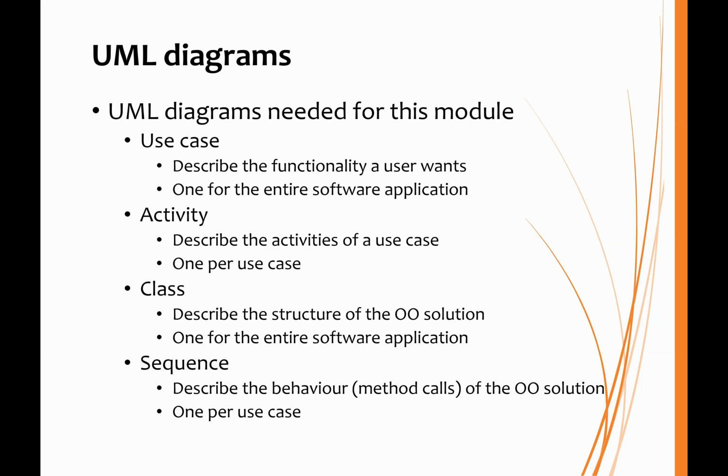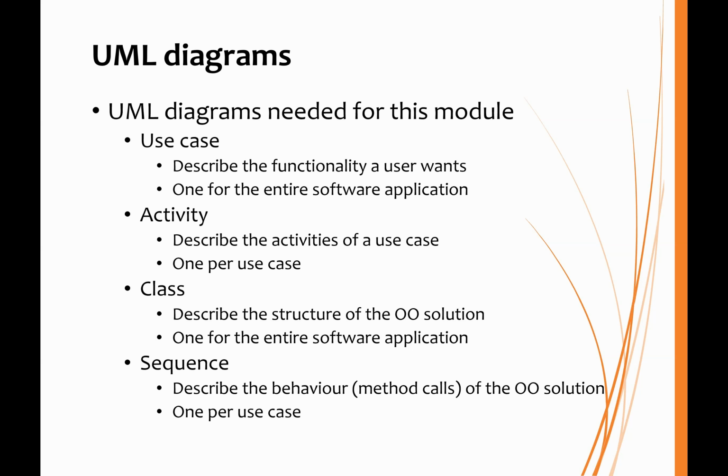In the use case diagrams, we describe the functionality that a user wants from the system, and we'll have one such diagram for the entire application. Activity diagrams allow us to describe the activities of a given use case, and so there will be one per use case.